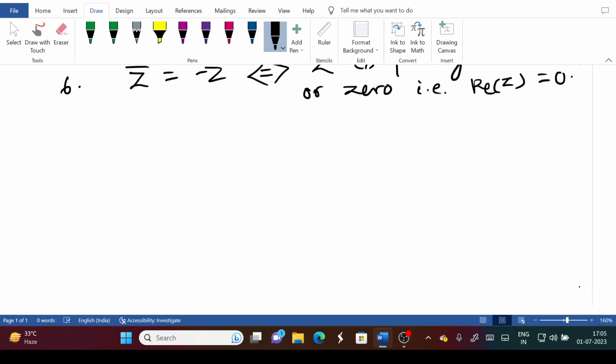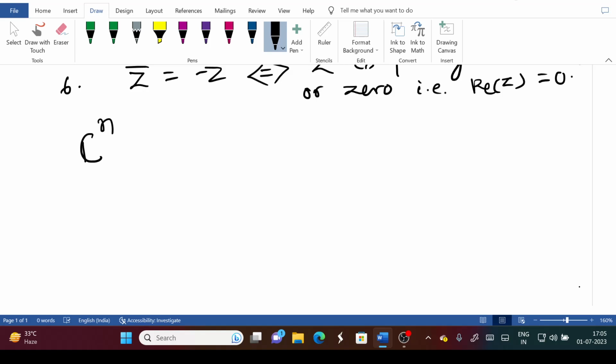Now with these conditions, let us consider the complex vector space C^n defined on the field of complex numbers.